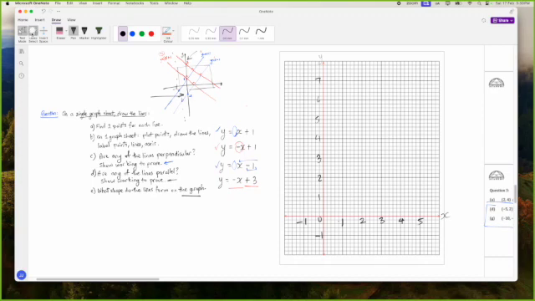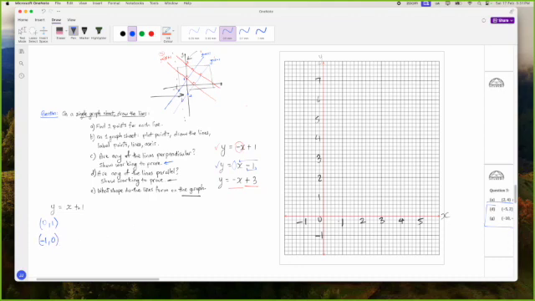So for this line, I need 2 points. The points are, let me just say, if I use x is 0. So if x is 0, then y will be 1. So that is 1 point. And what about if y is 0? If y is 0, x will be minus 1. Interesting.